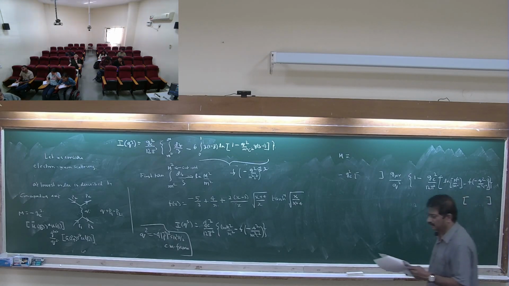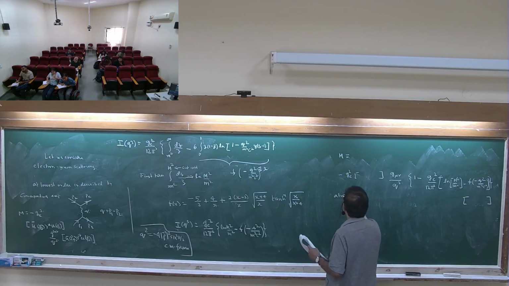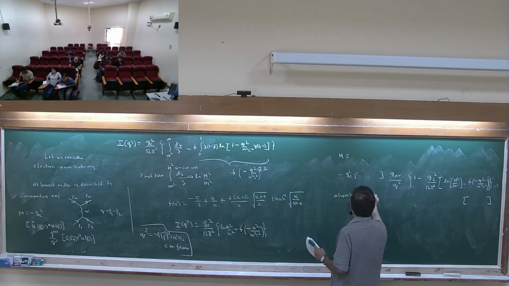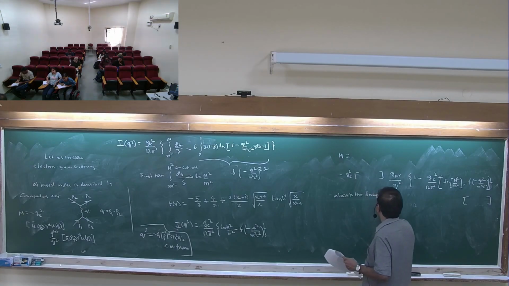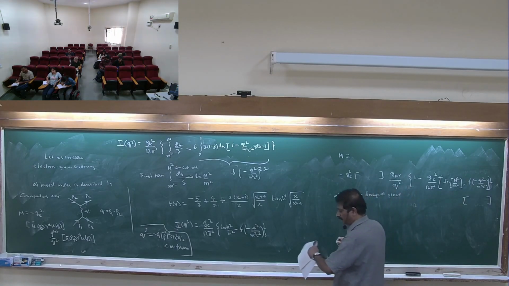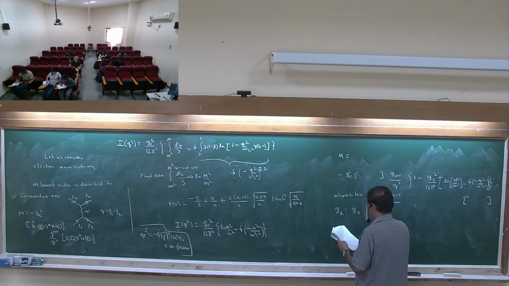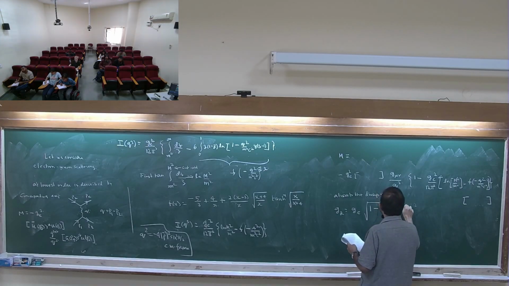So then let us absorb the divergent phi piece with a redefinition of the charge and write GR as equal to GE times square root of 1 minus GE squared by 12 pi squared times logarithm of n squared.